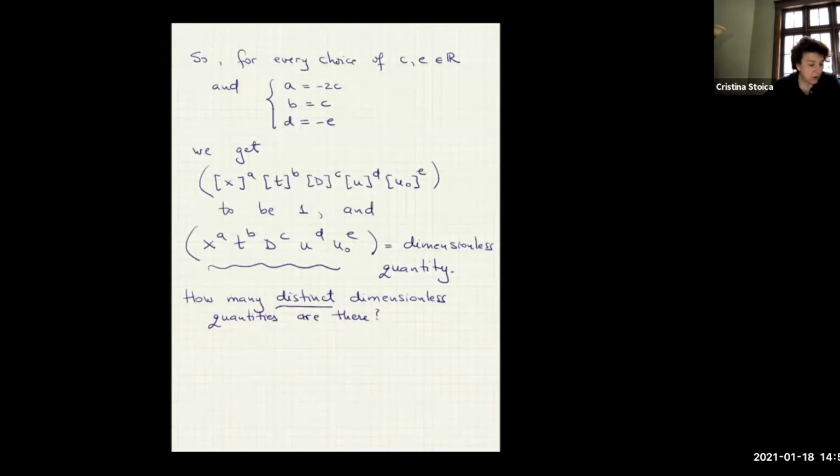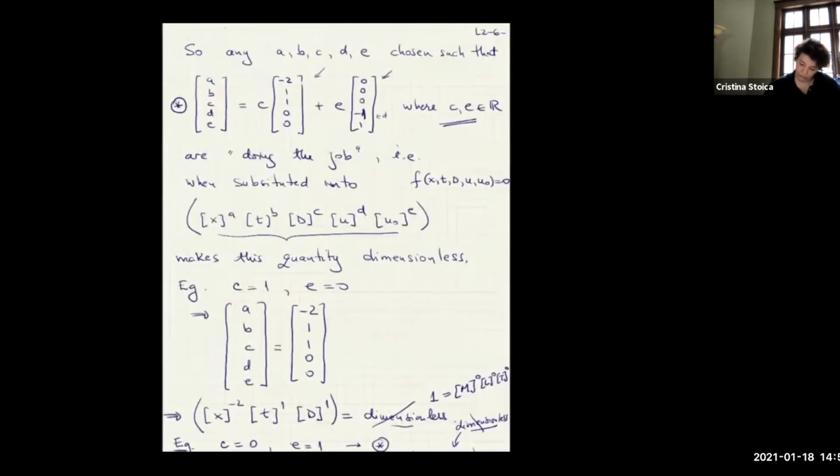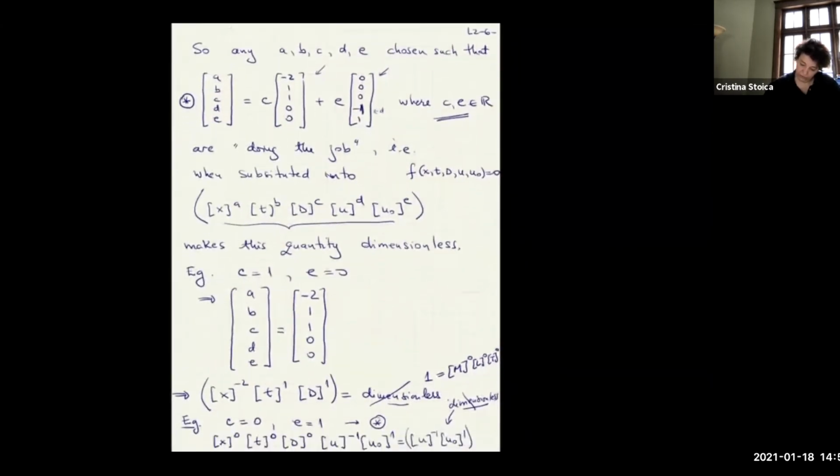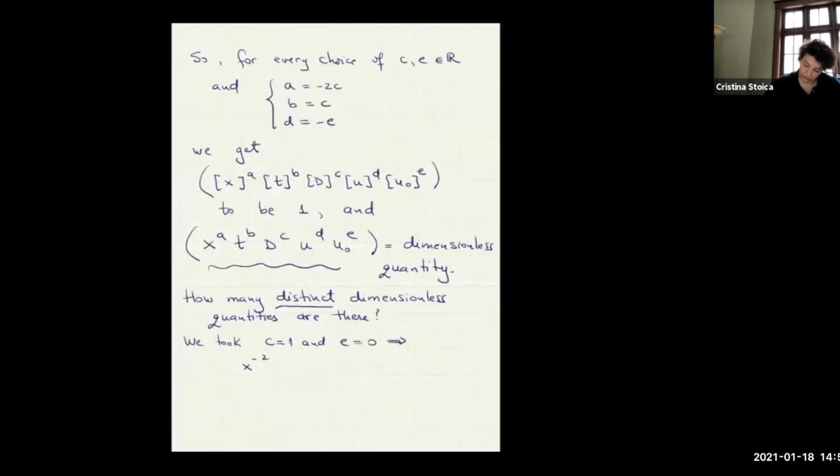Well, for example, we took C as 1 and E equals 0, and then we ended up with X at minus 2, T at 1, D at 1.